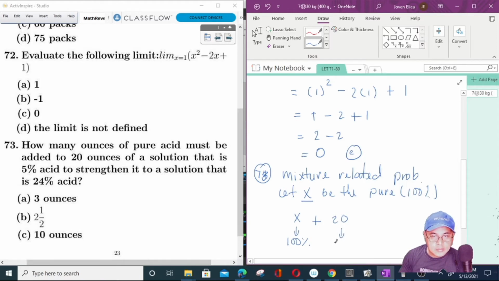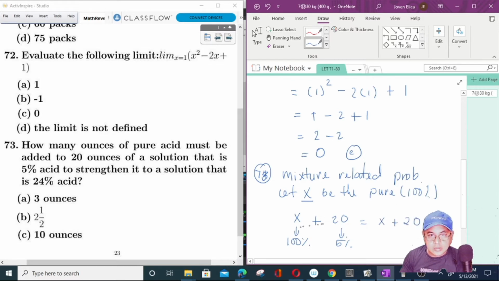Percentage is 5% acid solution, to strengthen it to a solution that is 25%. So get the total of that, which is x plus 20.